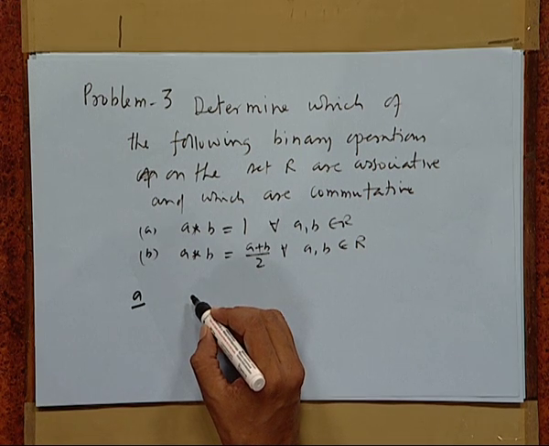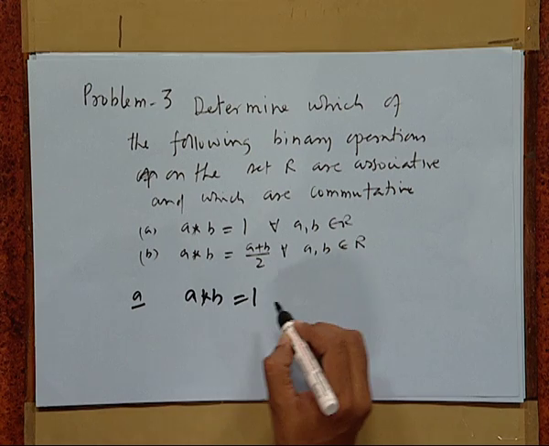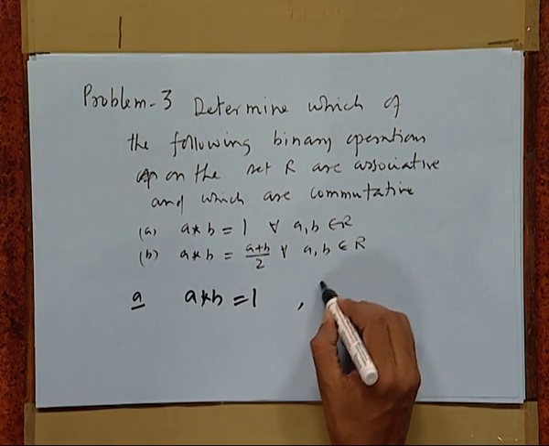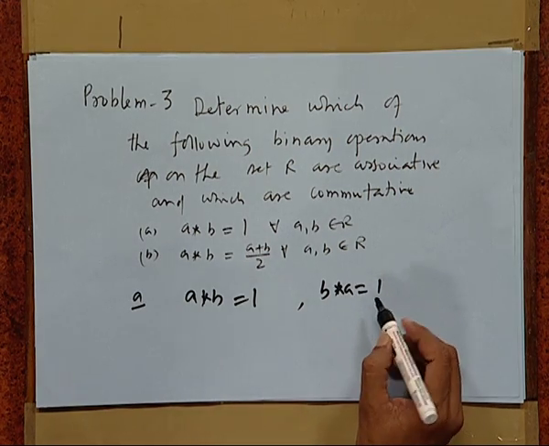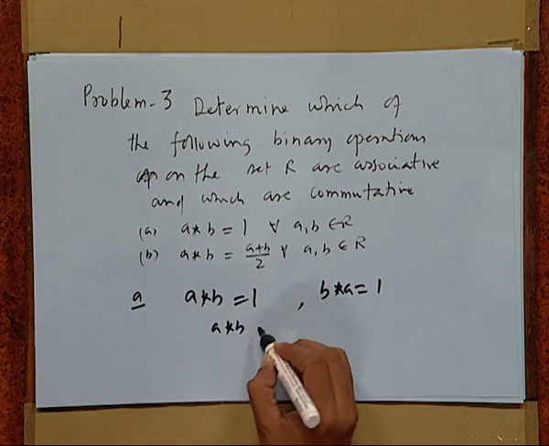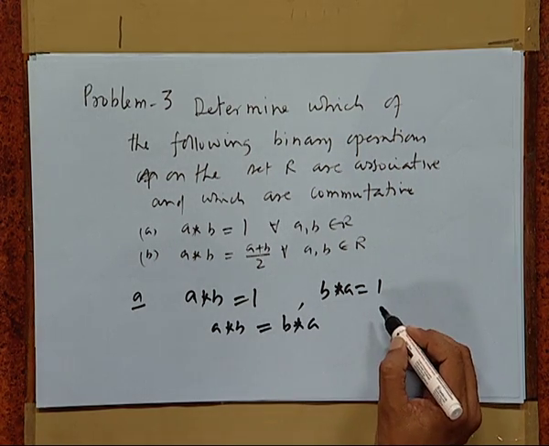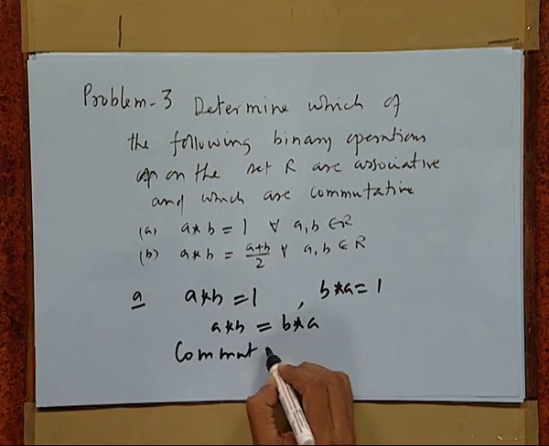First we test commutativity. A star B is 1. In fact, always the output is 1. So, B star A is also 1. Thus, A star B is equal to B star A in general. So, it is commutative.